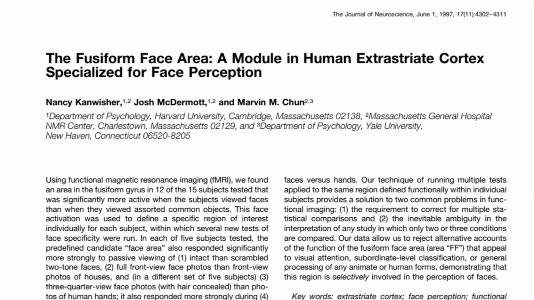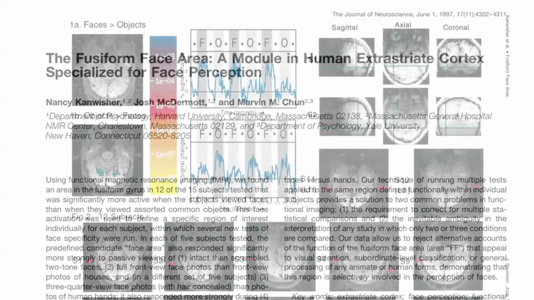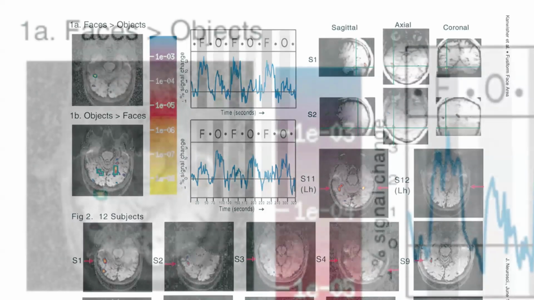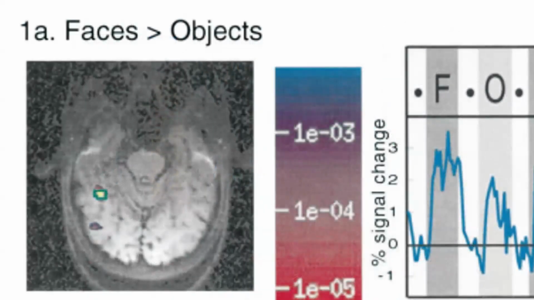Part of the research that started this debate back in 1997 was the article by Kanwisher et al. She basically provided evidence that when you take a look at the activation in the brain, there's a lot of information going on here, but we just have to concentrate on this one little area. If you take a look at areas of the brain where faces are more activated than objects, it's in that fusiform face area.